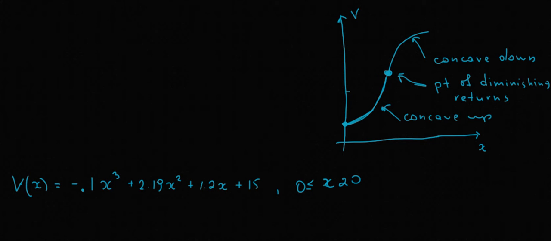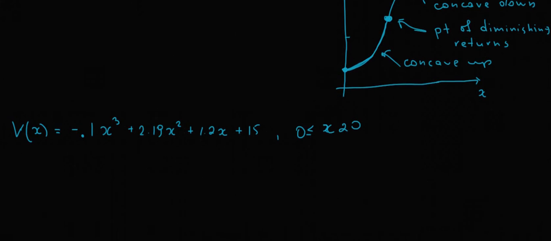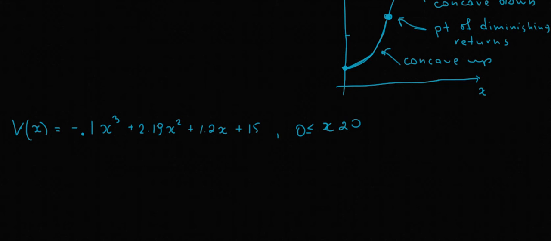Now, since we see that the point of diminishing returns is an inflection point, we will be looking for it using the second derivative. At an inflection point, the second derivative of the function must equal 0. And so we will calculate the second derivative of our function, then set it equal to 0 and proceed from there.